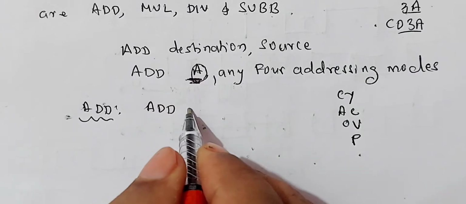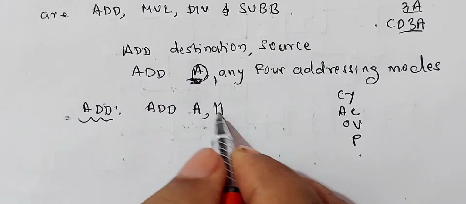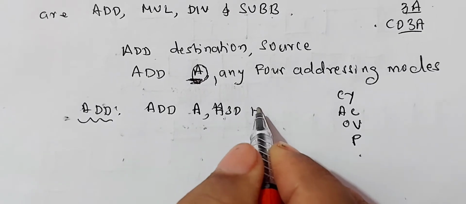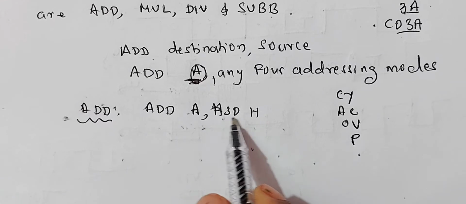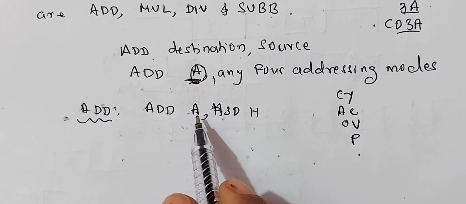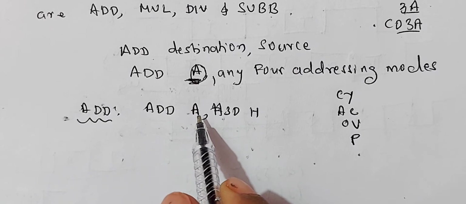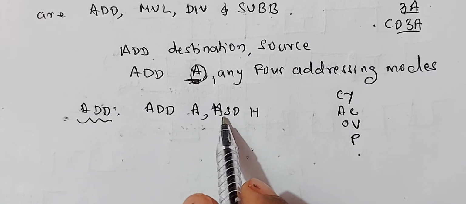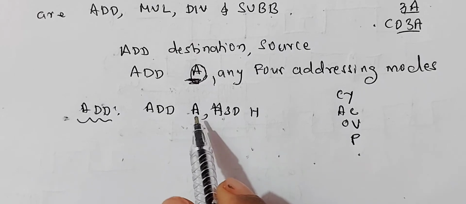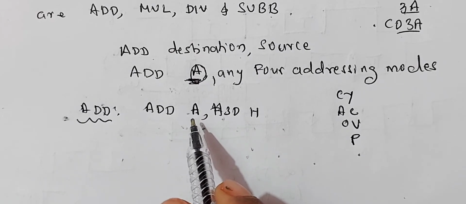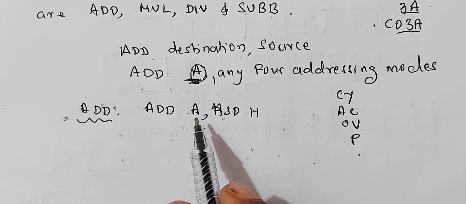ADD, the destination must be the register A only. ADD A comma #3DH. This shows that the immediate number 3D is added with the content present in A, and the final result is always stored in A itself.